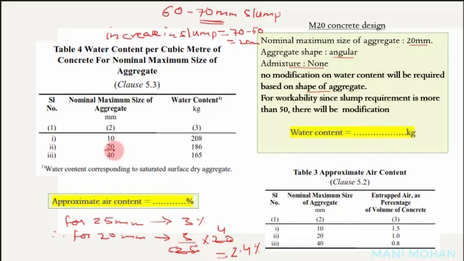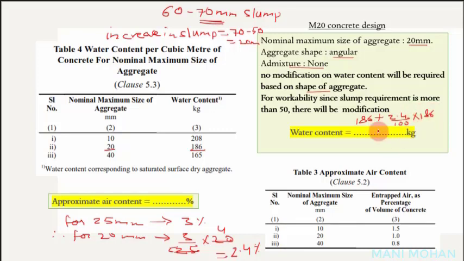So how much will be water content? We have maximum size of aggregate as 20, water content is 186. Now this water content has to be increased by 2.4%. So I can write water content as 186 plus 2.4 divided by 100 into 186.